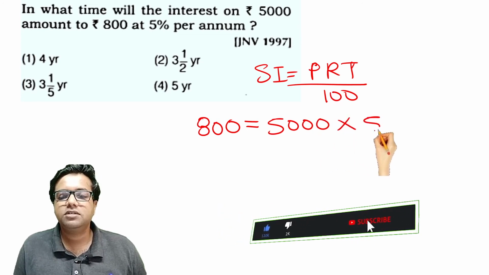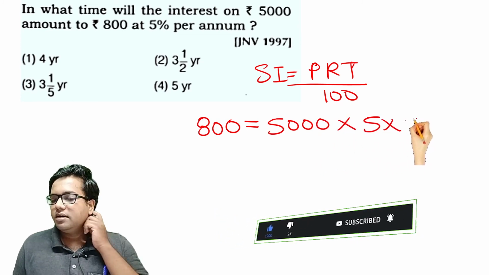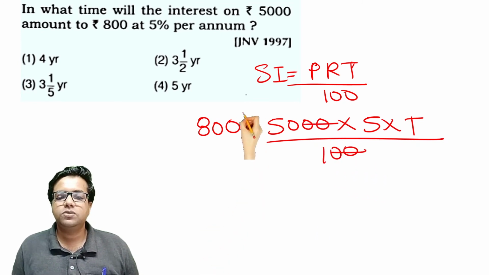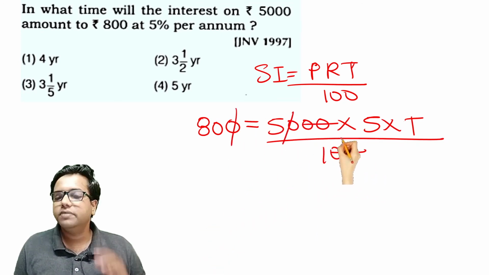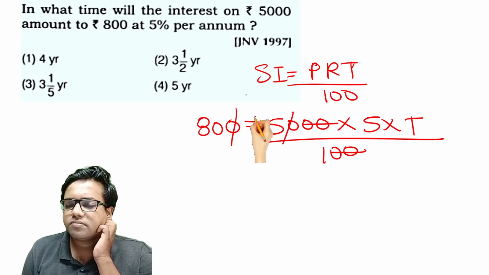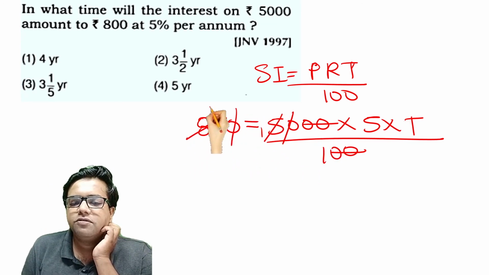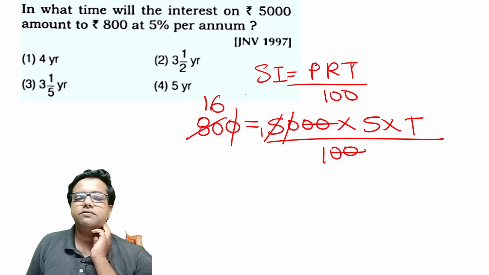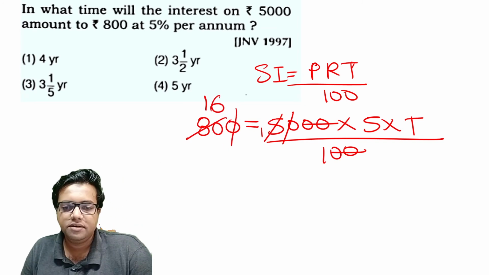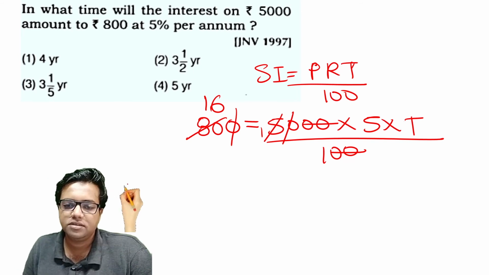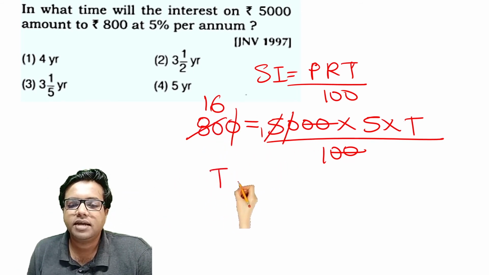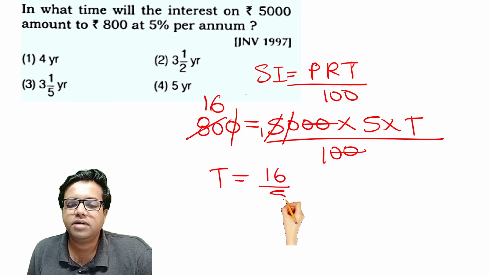What is the rate of interest? 5% per annum. And we need to find the time, divided by 100. 2 zeros go away. 1 0 will go away, right? So 5 1s are 5, 5 1s are 5, and 5 16 is 80. So you're left with what? Time duration is equal to 16 by 5.